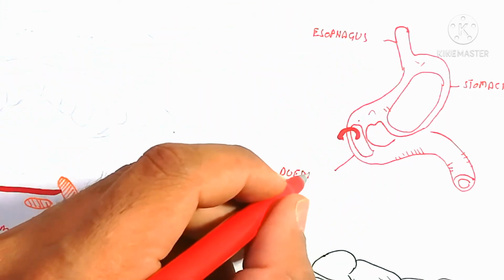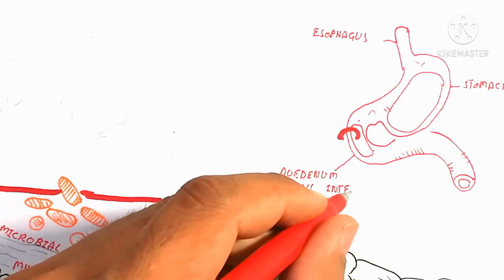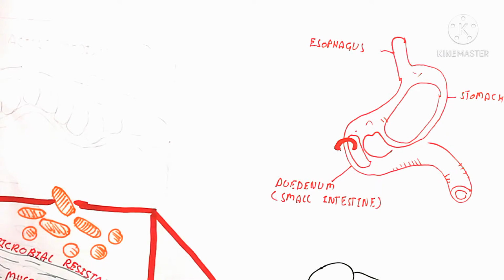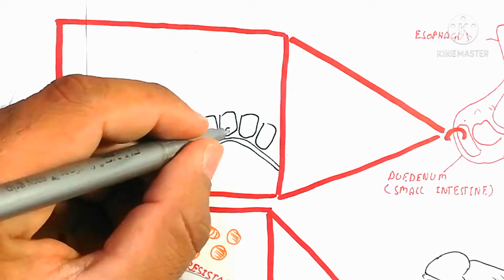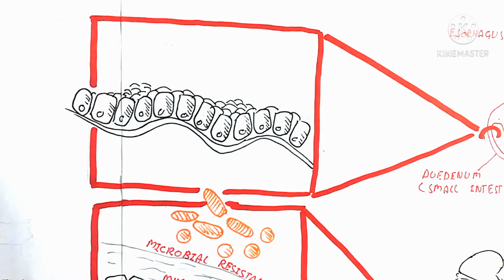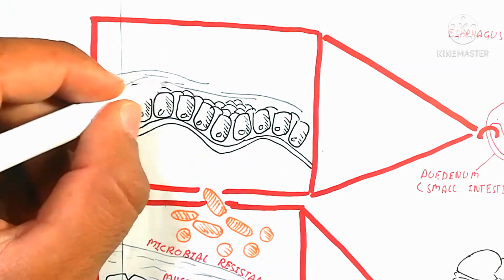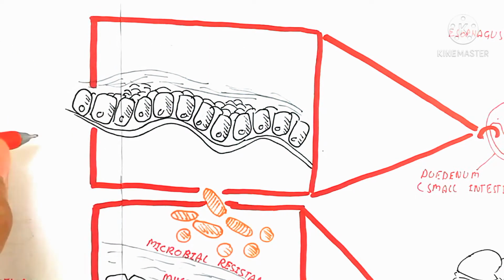So here is the microbiota, and now we will discuss the small intestine. Here are the esophagus and stomach, and then the duodenum. The duodenum contains a lesser amount of mucous membrane. Why? Because it is an acidic medium, and this acidic medium prevents infection by harmful bacteria.